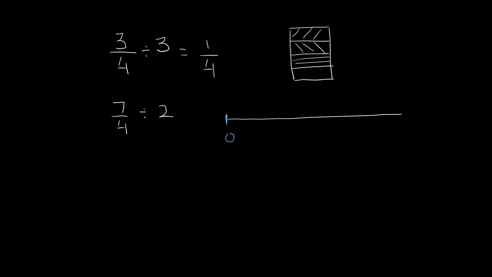Here's maybe 1. Here's maybe 2. And I'm going to have these markings in the middle. So I'm going to have 1/4, so maybe 1, 2, 3, 4, 1, 2, 3, 4.